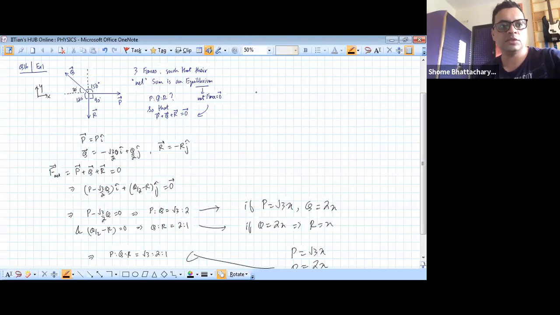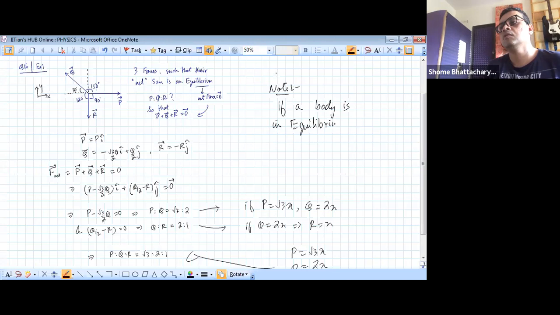Equilibrium means net force is 0. We'll be studying this in detail in Newton's laws. Okay. Equilibrium means that net force is 0. If a body is in equilibrium under the action of multiple forces, automatically that implies that the net force on it is 0.